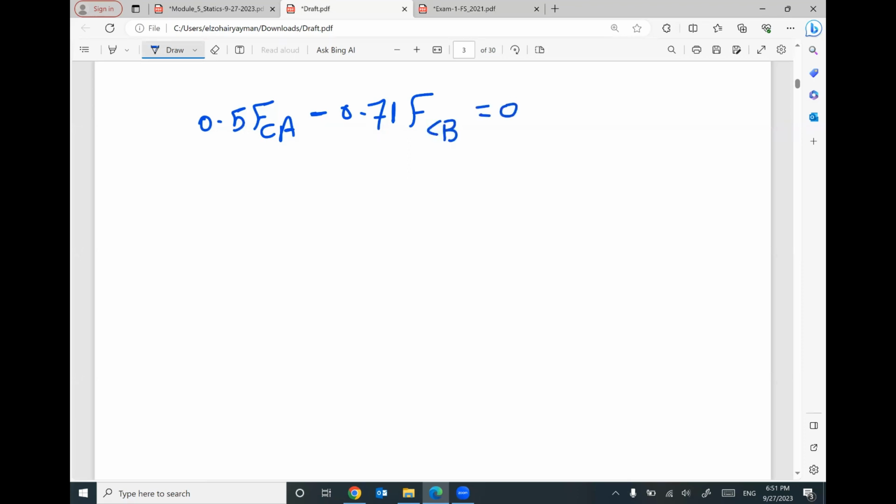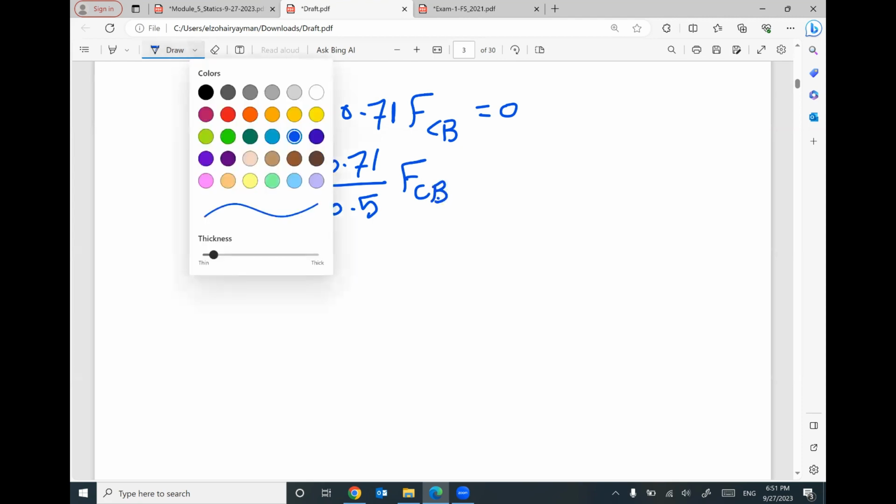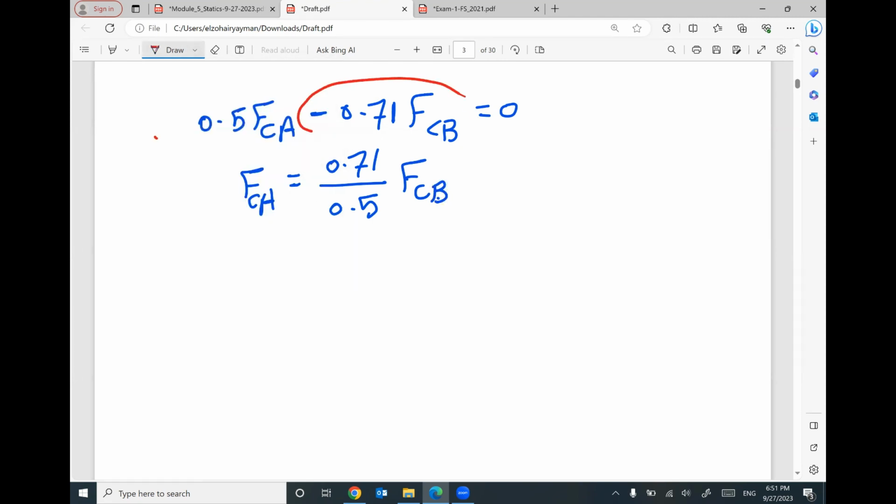From this equation, I can say FCA will equal 0.71 divided by 0.5 FCB. What I did, I moved this term to the other side. It will be positive. And then divided by 0.5 to find FCA as a function of FCB.